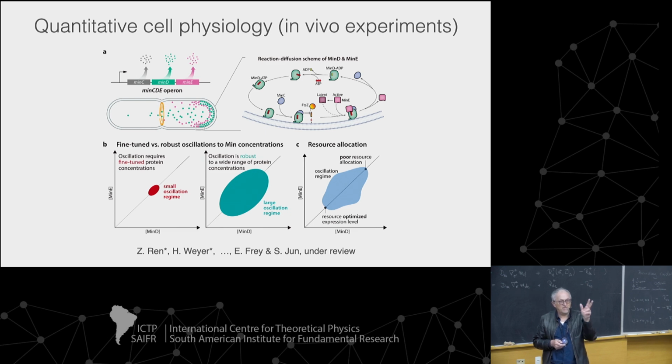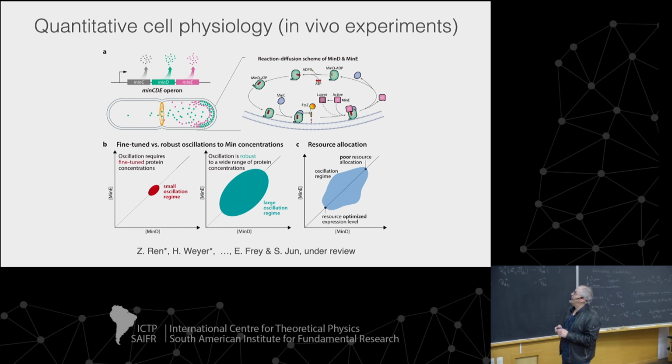That's what they can do. Of course, there are all these questions. How do you make sure how much you change the min E and min D concentration? How do you measure? How do you quantify? How do you put a label on the min E or the min D concentration? There are lots of issues, but basically they can change the min E and min D concentration.